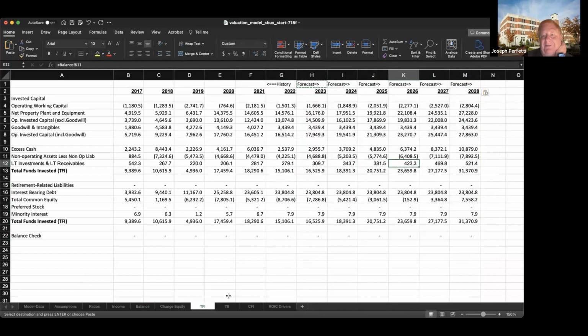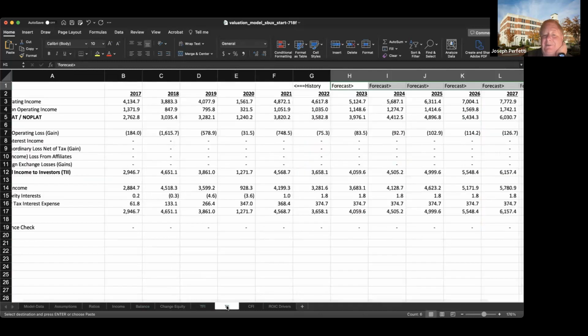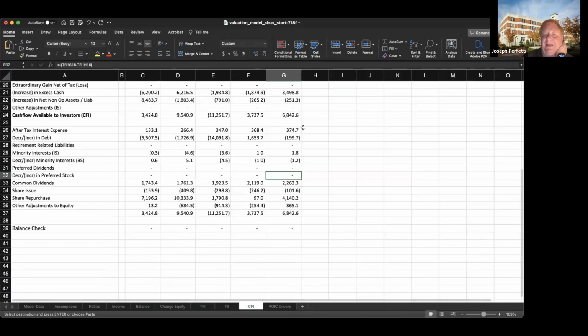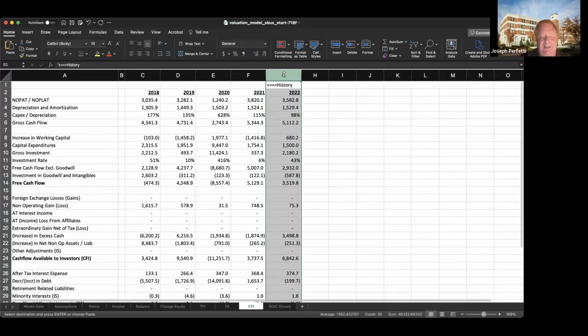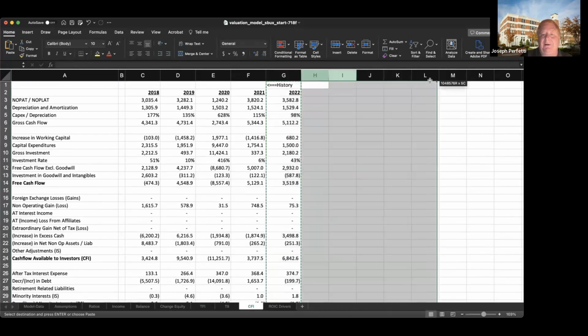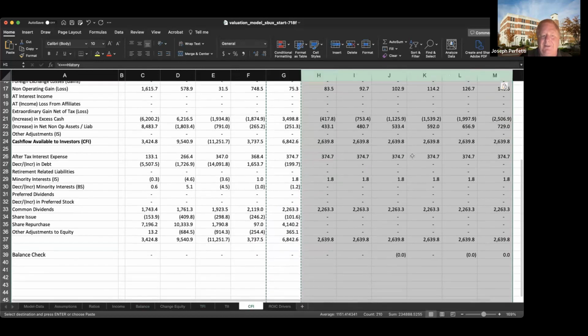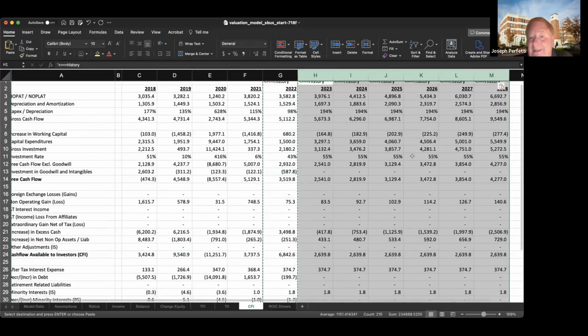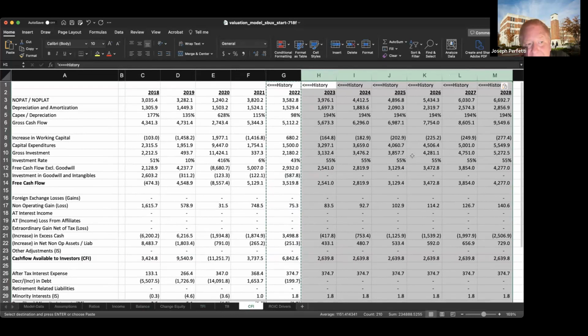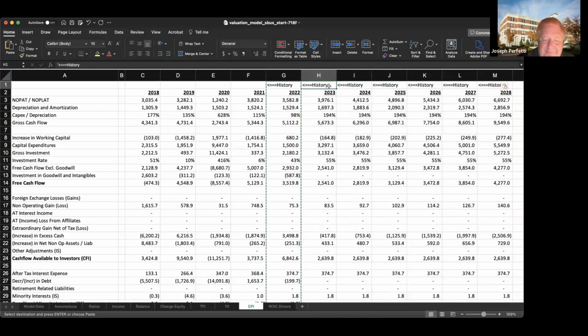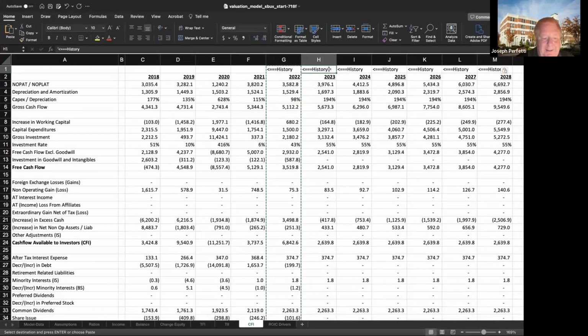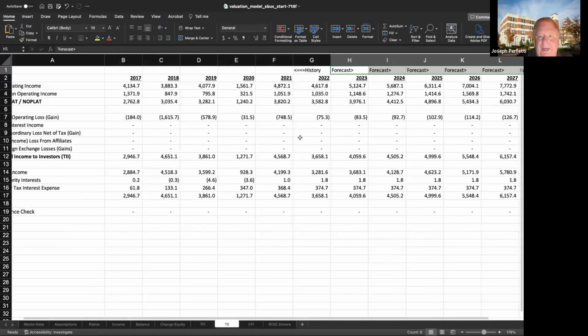Because we have TFIs through 2028 and TIIs through 2028, we go to the CFI tab. We can take column G, select it, go to column M, paste it. We should now have 6 years of forecasted CFI for Starbucks, including free cash flow, through 2028. So again, this is my forecast year.